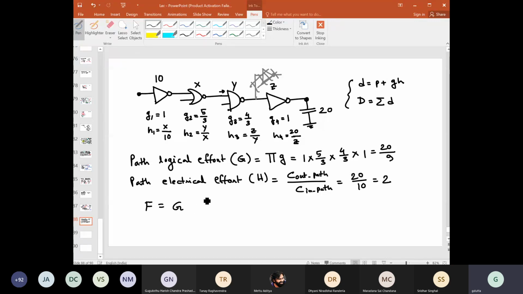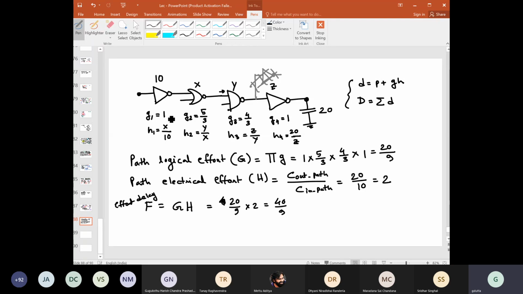This is equal to capital G into capital H. So capital G into capital H is 20 by 9 into 2, so it is 40 by 9, right? So what is this F? F is the effort delay of the total path, from here till here. This is 40 by 9.